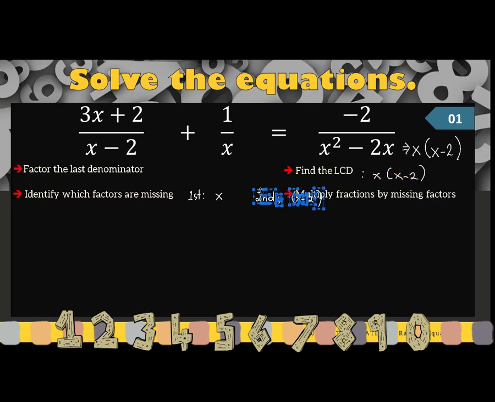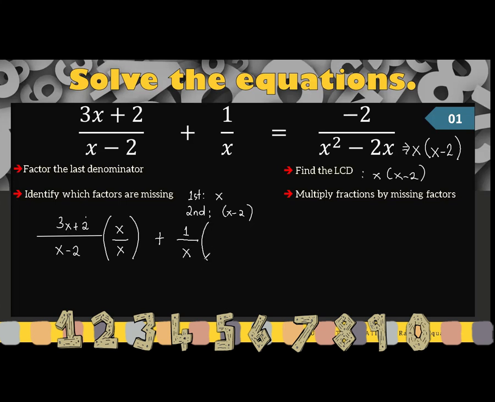Now, next step, we need to multiply the fractions by the missing factors, just like what we did from the first examples. So we have 3x plus 2 over x minus 2. And the missing factor for the first rational expression is x. We need to multiply the numerator and the denominator by x.